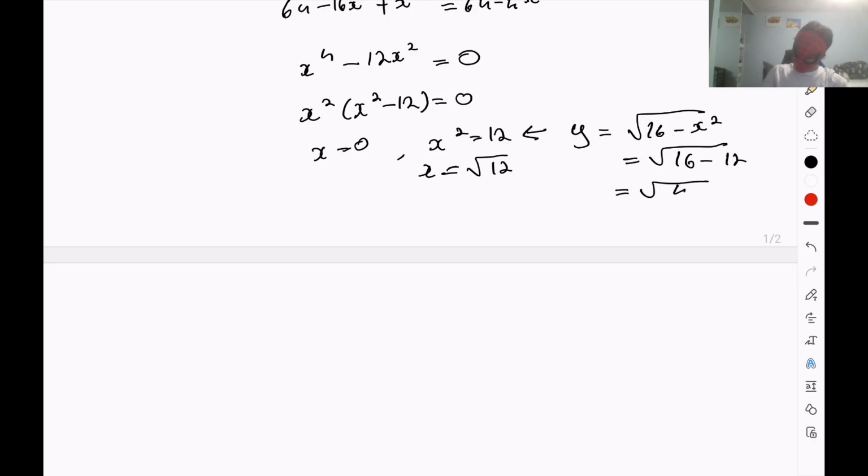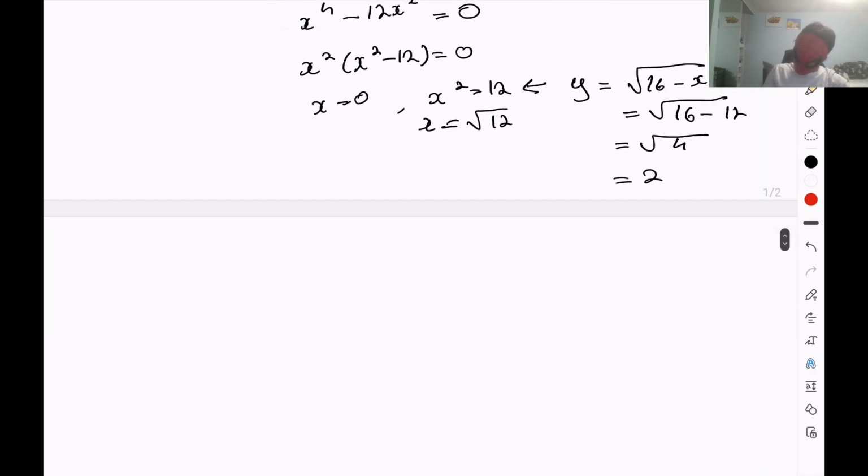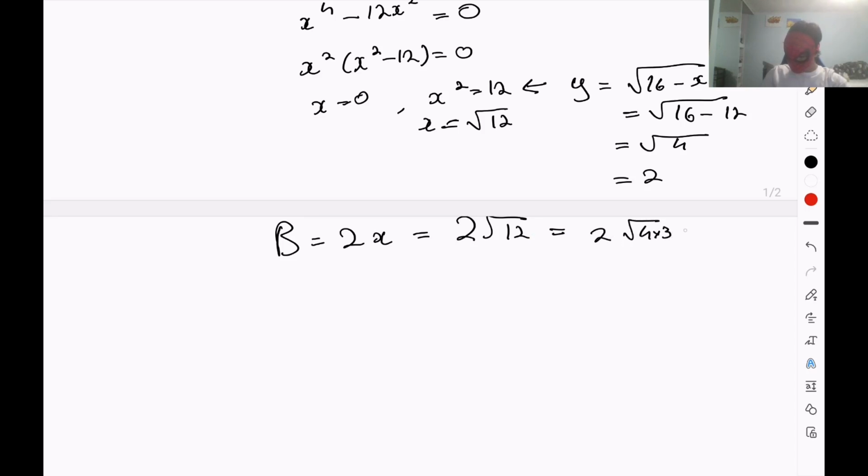It's just the square root of 4, which is equal to 2. So basically the base is equal to 2x, right? So base is equal to 2 times root 12. This can simplify to 2 times 2 root 3, which is 4 root 3.